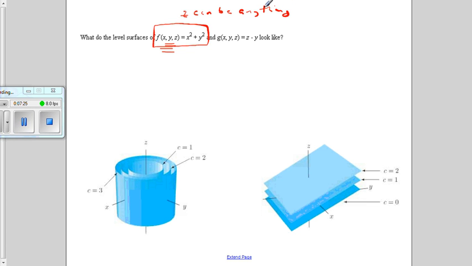So what we get here, x squared plus y squared, creates a circle. And that z is not part of the function means z can be anything. So that runs the gamut, and z is sort of independently acting. And we get these cylinders.